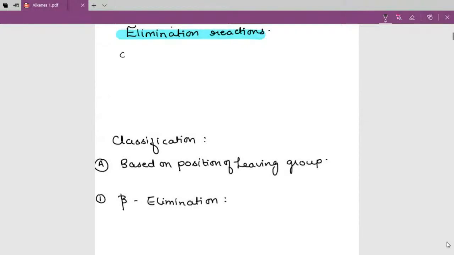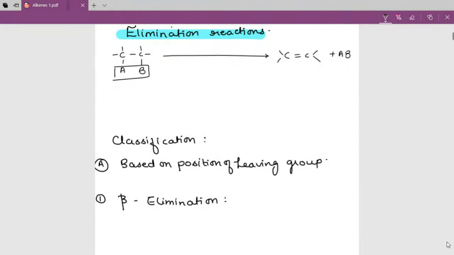To classify it as a very general class, I would say if due to any reagent or physical conditions that we have created, whatever the reason may be, we eliminate this A and B, what all methods we'll discuss a little later, but if we eliminate these A and B, then this is a basic example of an elimination reaction.